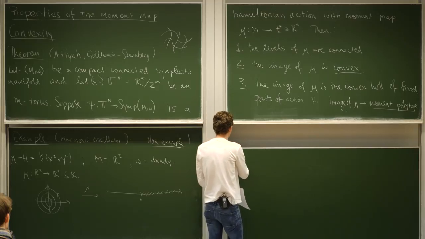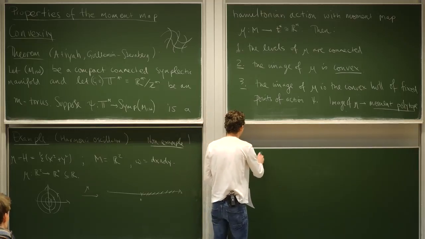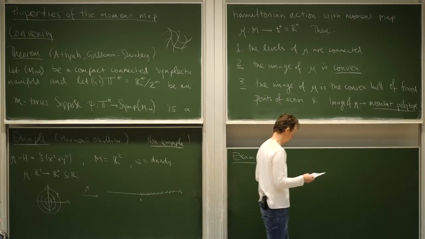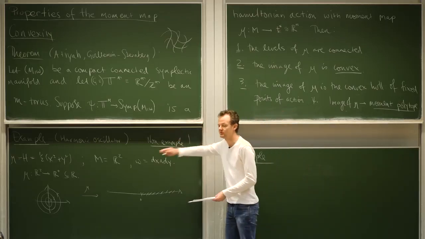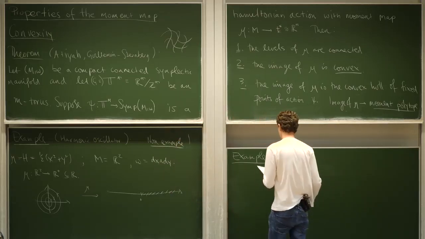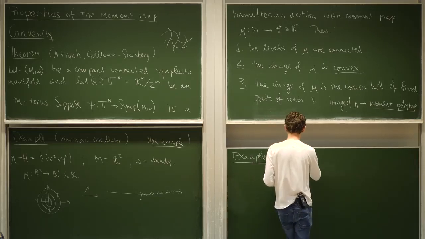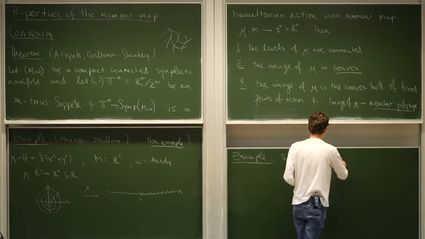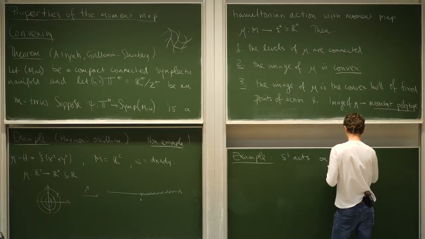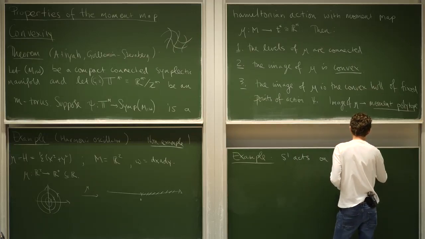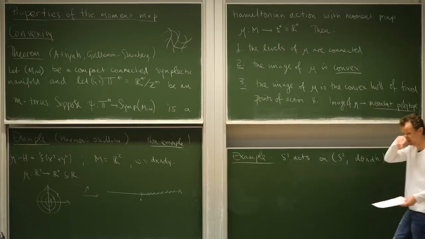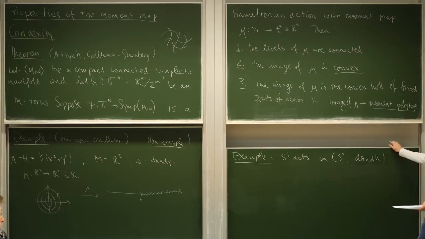Anyway, let's go to our proper example now, which is motivated by this non-example, namely we just compactify the plane. And then we choose some friendly symplectic form that we like.